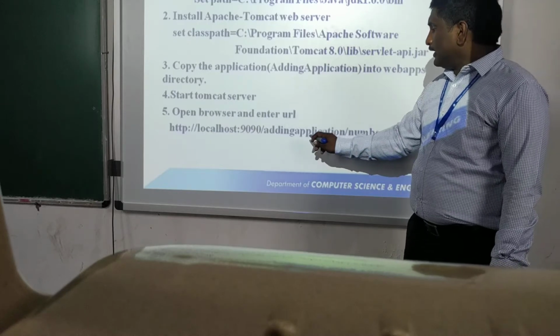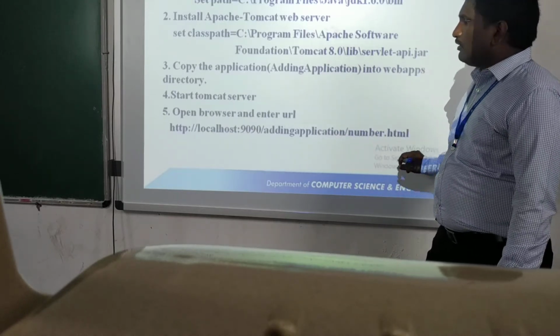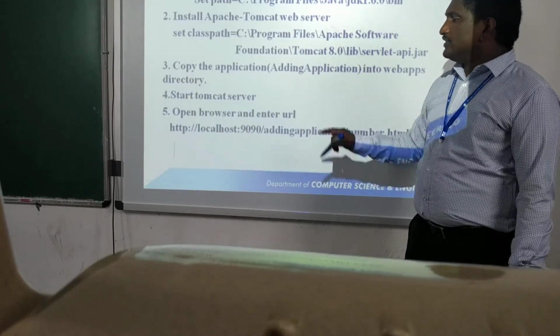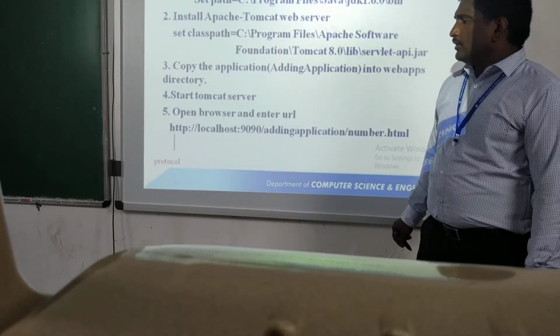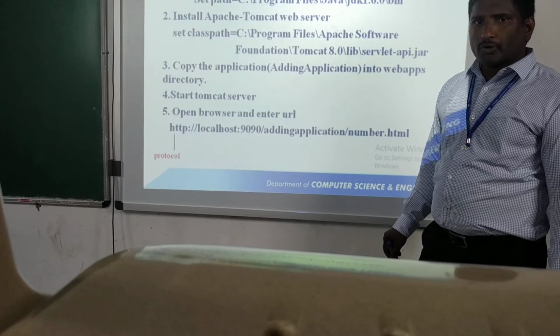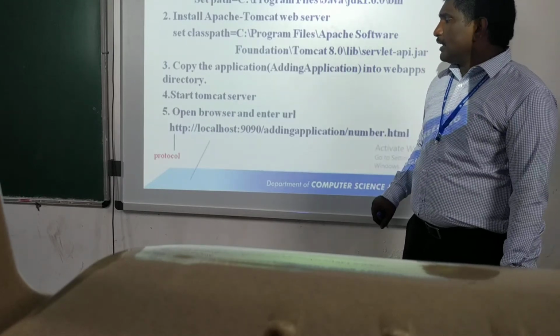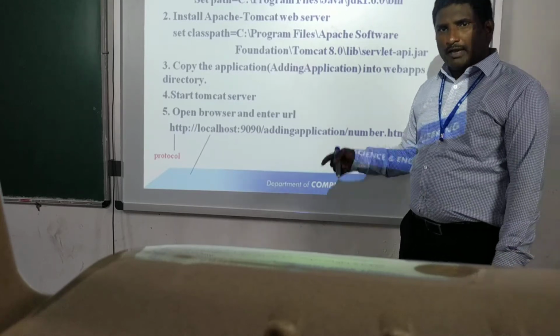http://localhost:9090/addingapplication/number.html. Why are you entering it like this? HTTP is a protocol, hypertext transfer protocol, whose default port number is 80, and here the Apache Tomcat server lies on my local host.